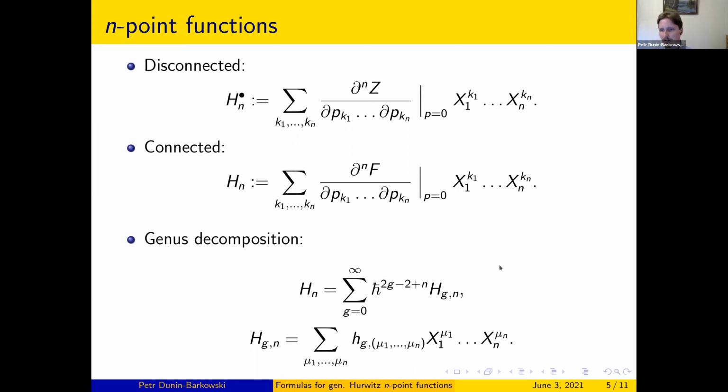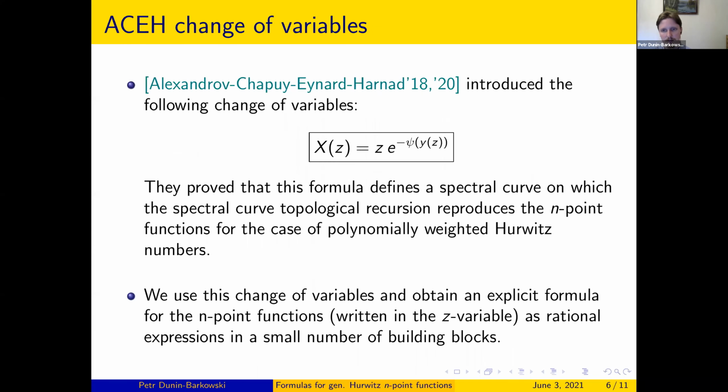Again, you can think about it just in terms of formal power series in these formal variables capital X. And our statement will be about these functions. In particular, the statement is that these functions become rational functions of some small number of building blocks.